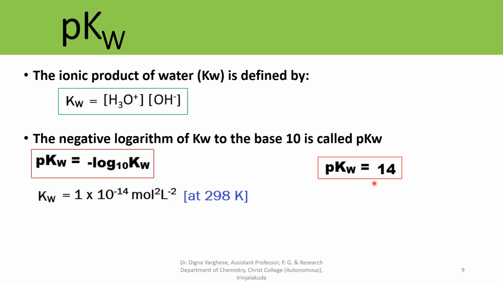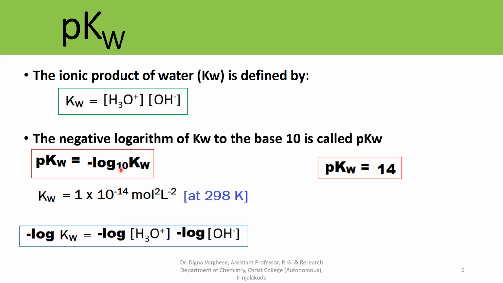Taking the negative logarithm on both sides of the equation, Kw is equal to the concentration of H3O plus into the concentration of OH minus, so minus log Kw is equal to minus log H3O plus minus log OH minus.